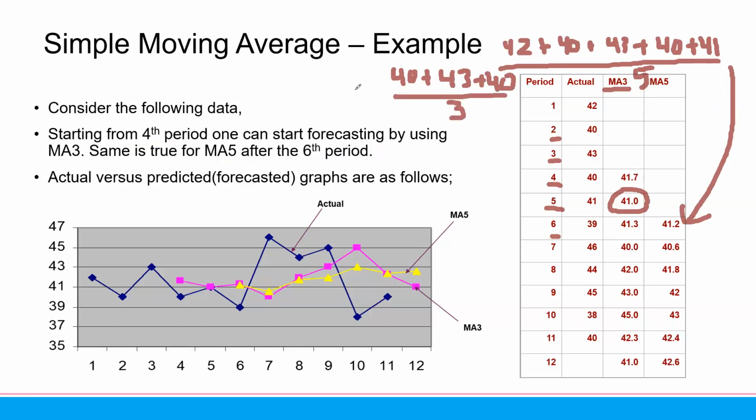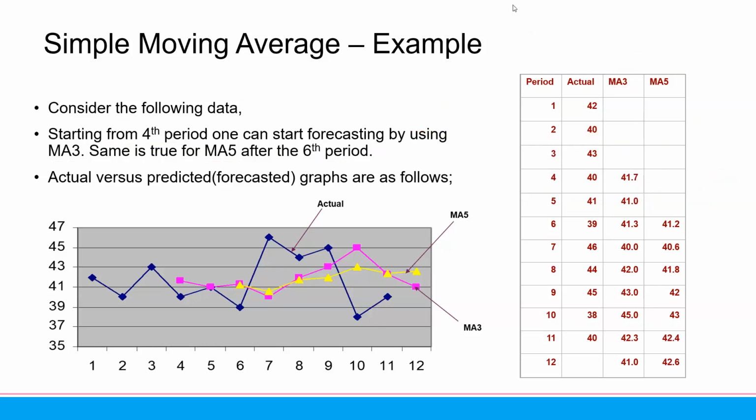Then we get a value of 41, and 41 will be the forecast. So we call this the forecast with MA3, and this one is the forecast with MA5.